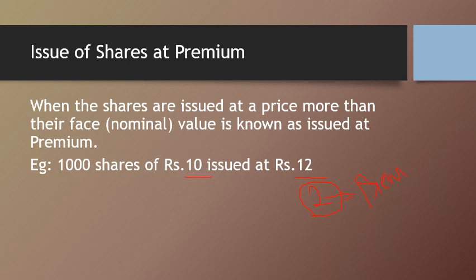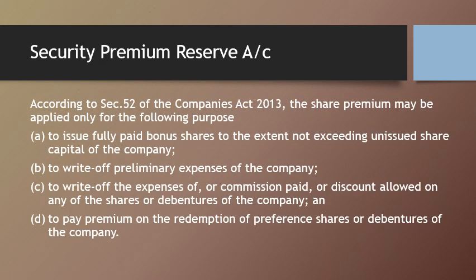Now we will see the accounting treatment of issue of shares at premium. As I have already said, this premium amount will be transferred to the security premium reserve account, where the premium amount of shares is transferred.